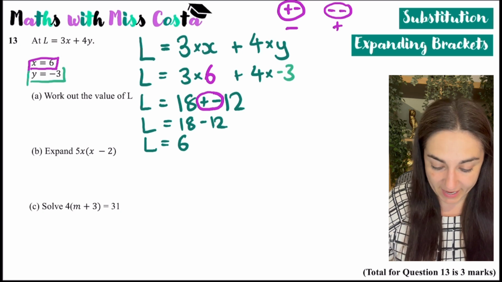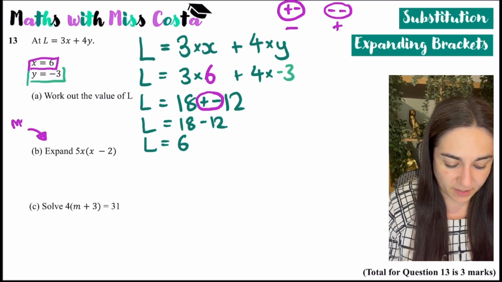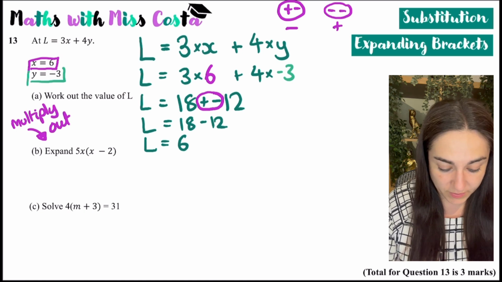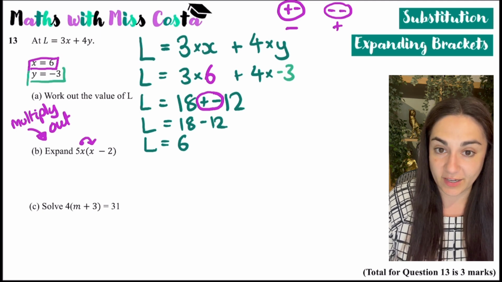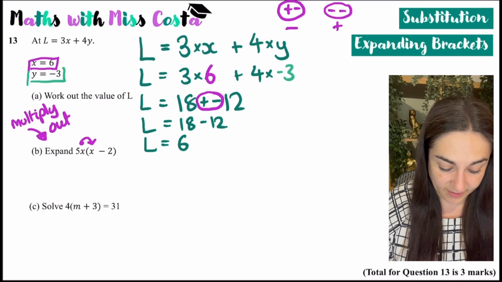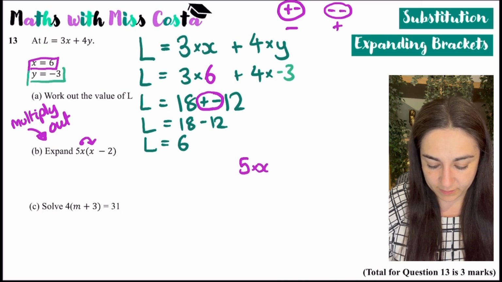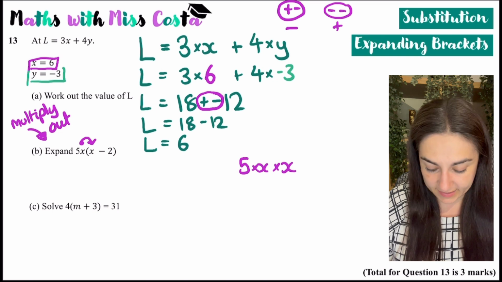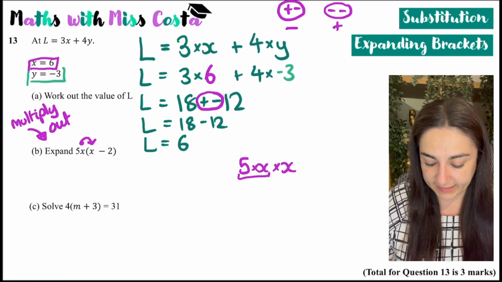Next, I need to expand, and expand just means multiply out. So you're always going to see it with brackets involved. What is helpful is you start with the term on the outside, in this case 5x. You draw a little arrow to the next term inside the bracket. So you're doing 5x times x. So what does 5x mean? It means 5 times x, and you're timesing that by x again.